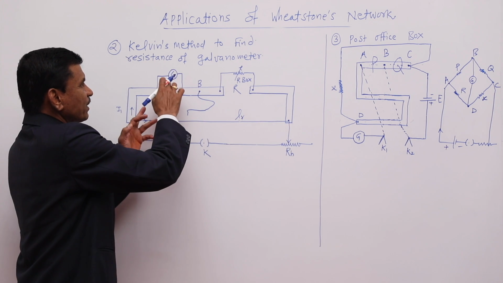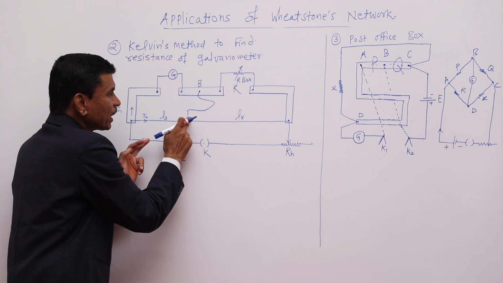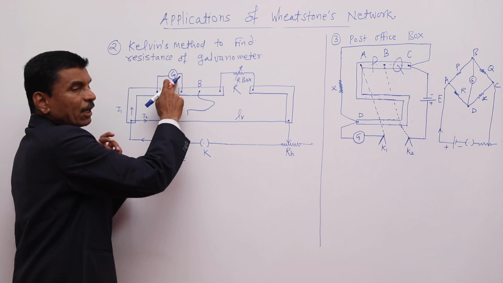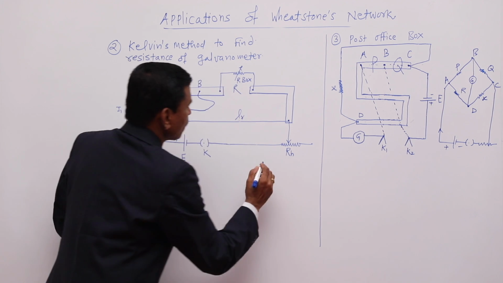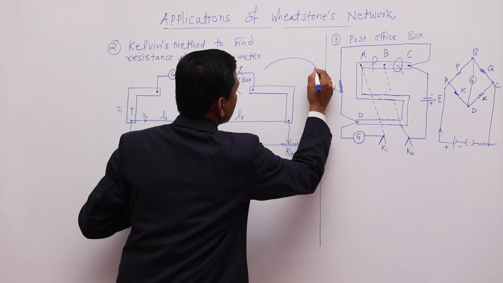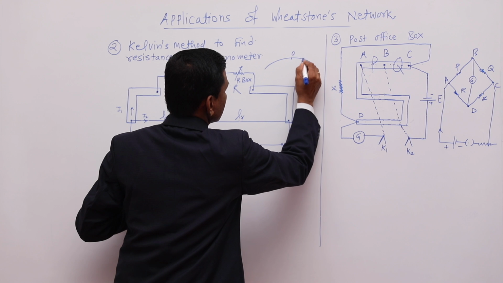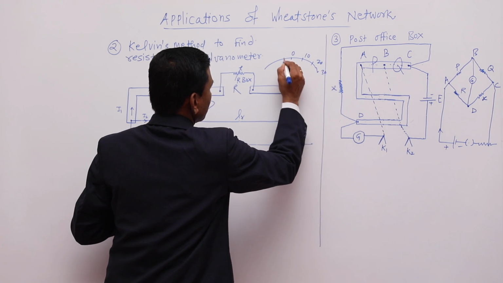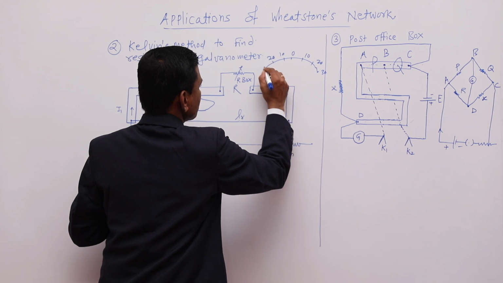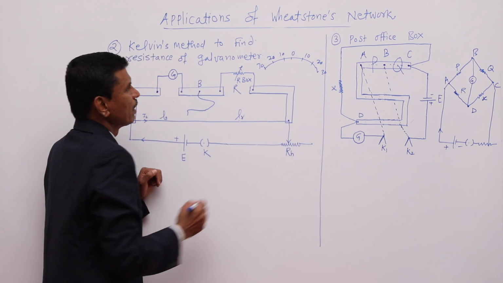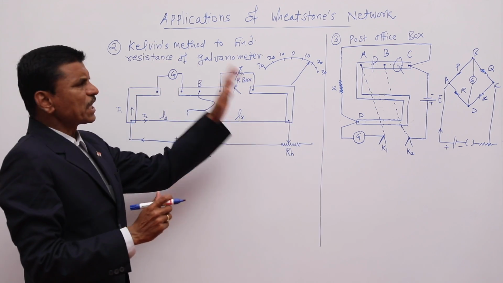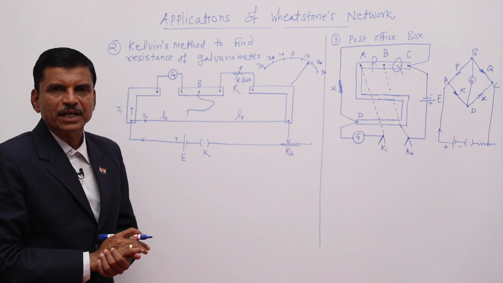As there is a current in the galvanometer before connecting the jockey, current I1 is flowing in the galvanometer, so the galvanometer will show some deflection. See, let this be 10, 20, 30 divisions, and let the deflection shown in the galvanometer be 18 to the right side.